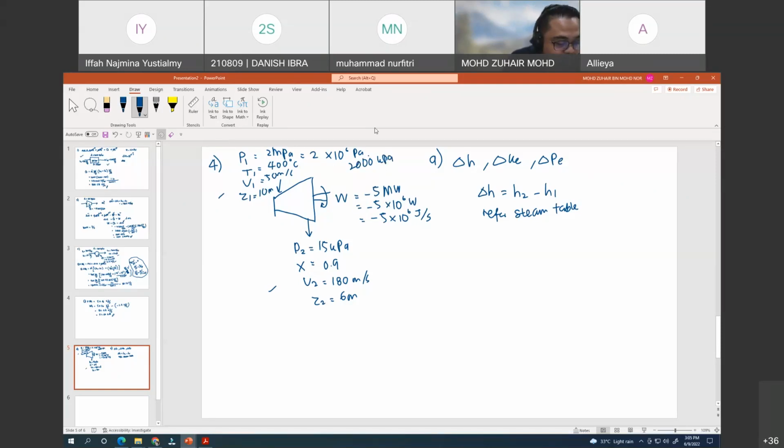It is 212. So, boleh tak guna value kat sini? Tak boleh, disebabkan the temperature is higher than the temperature stated in the table. So, this is the sign that we need to refer to table A6, and that means this is superheated steam.